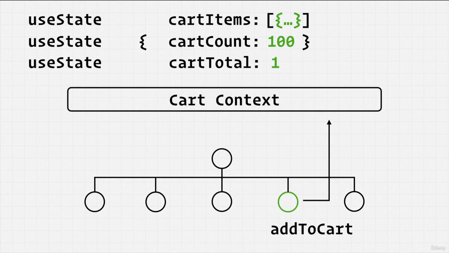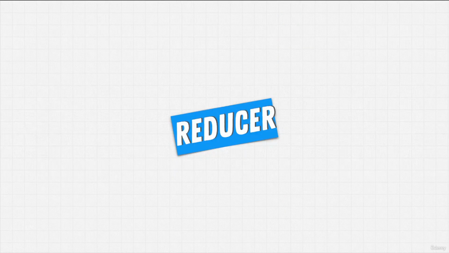But at the end of the day, what we do is we still update these values correspondingly so our application can use this cart state inside of our cart context. Reducers are pretty similar, except they have a bit of a more intuitive way of thinking about how this object gets stored, and it completely distances itself away from the React way of updating state.